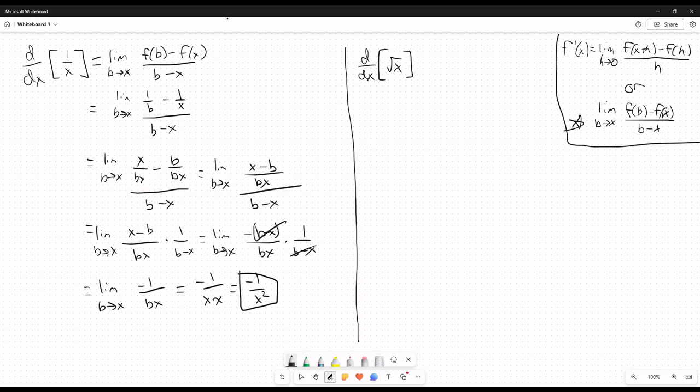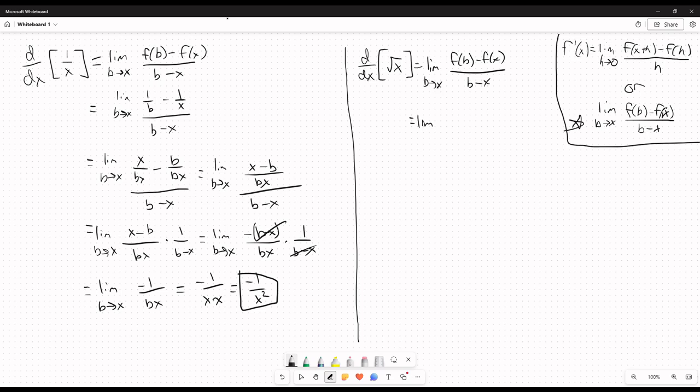So let's go ahead and go to the square root version, see what that looks like. This will look very similar to the other approach, but we'll at least see what happens. We'll have the limit as b approaches x of f of b minus f of x over b minus x.